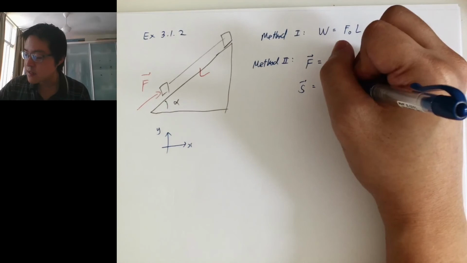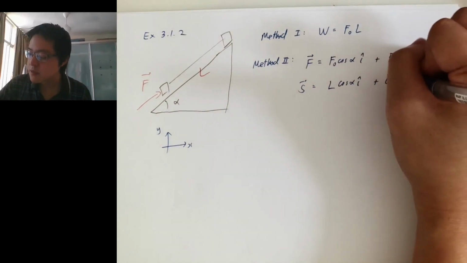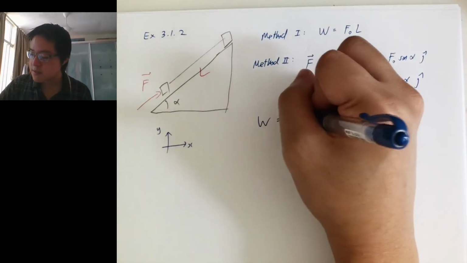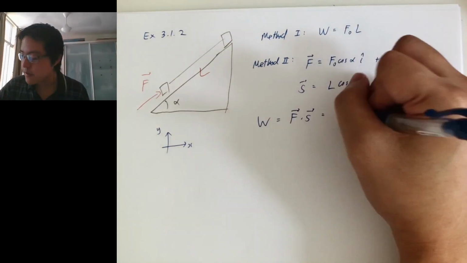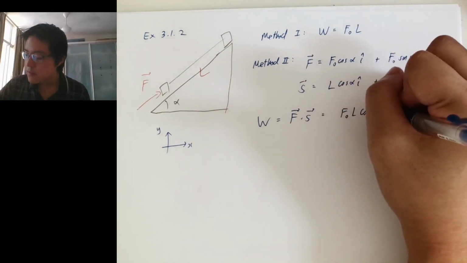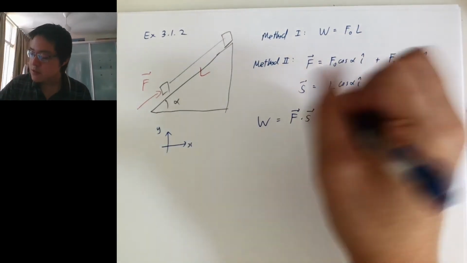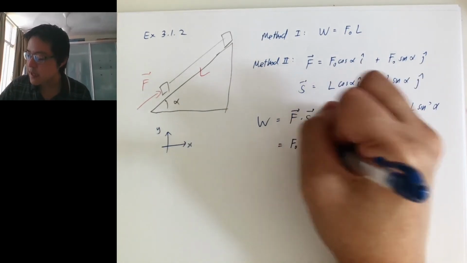So it's the distance cos alpha i, the distance sine alpha j. Then the dot product is this times this. I got FL cos square plus FL sine square. So cos square plus sine square is 1, so the final answer is just FL again.